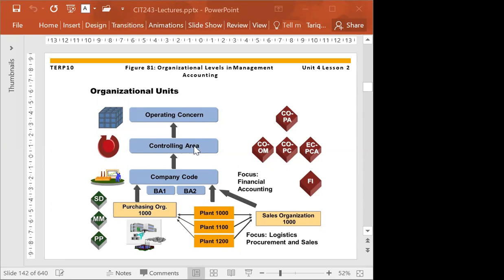And one of the sub-modules of controlling is profitability analysis. The highest level in controlling is the operating concern. This operating concern, you can think of like a main enterprise.